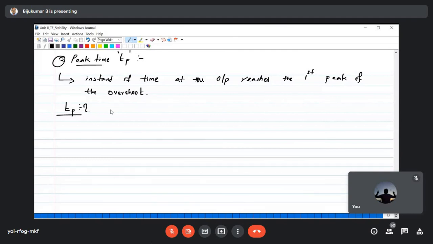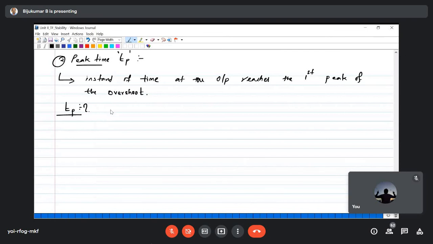So in our case, we need to check at what value of pole the second derivative of the step response is less than 0. Then only we will get the global maximum of this particular function. So first we will find out the maximum value.